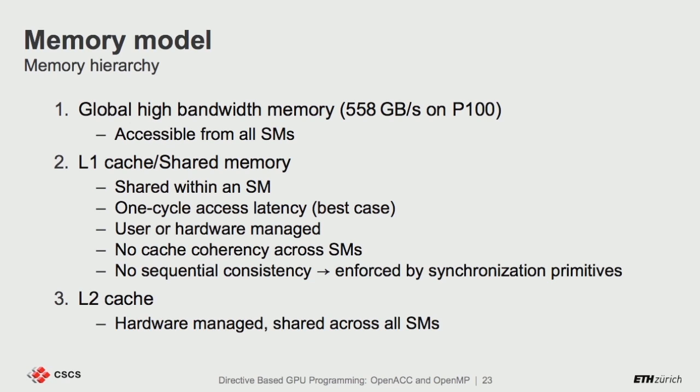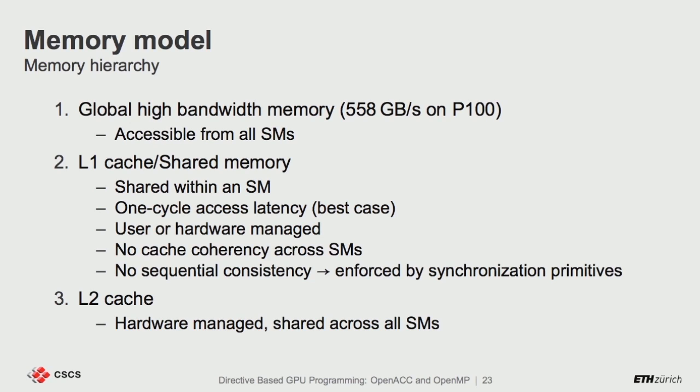Now, another important feature of this memory is that there is no cache coherency between the different shared memories or level 1 caches, whatever you like, between the different SMs. What happens on the CPUs?